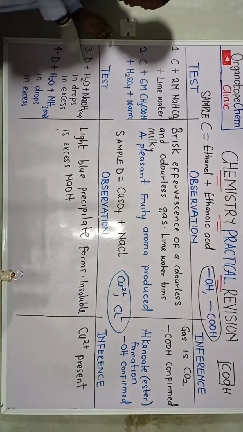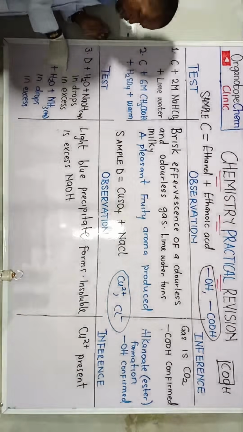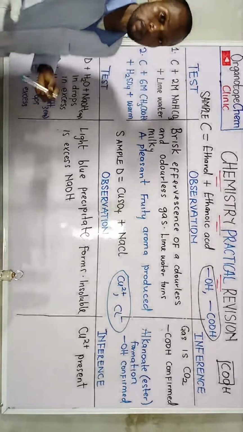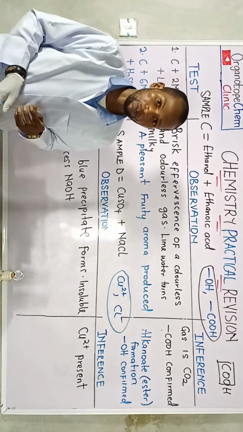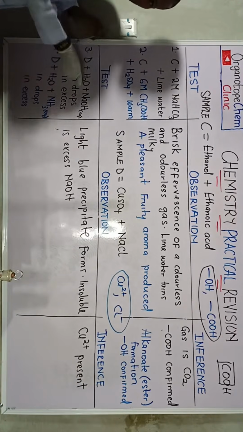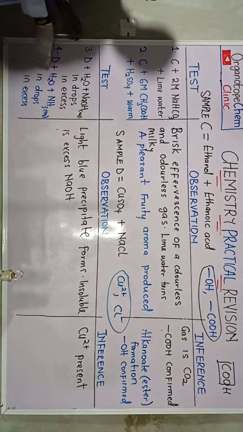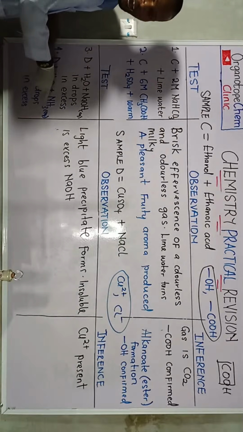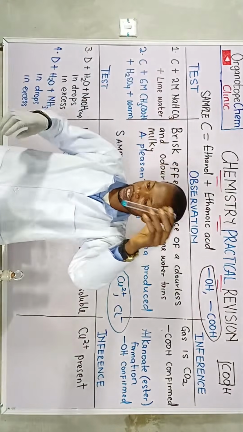You can write sample D, D plus water plus sodium hydroxide in drops and in excess, or you write D solution, it is allowed, since water has been used to dissolve the sample D. You can write D solution or D plus water. So those are the two ways by which you can express the test. Now we are on the next one. D plus water, that's the solution we have right here, plus ammonia in drops and in excess. So we are going to add ammonia in drops.